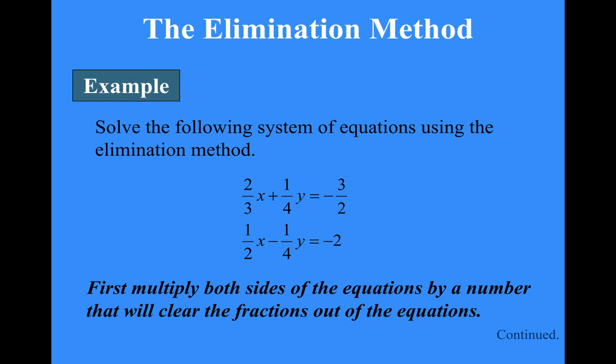What's a common multiple of 3, 4, and 2? Good, it's 12, right? It's 12. So I can multiply this all by 12 and it's going to get rid of my fractions. Well, guess what? If I multiply this all by 12, it's also going to get rid of my fractions.